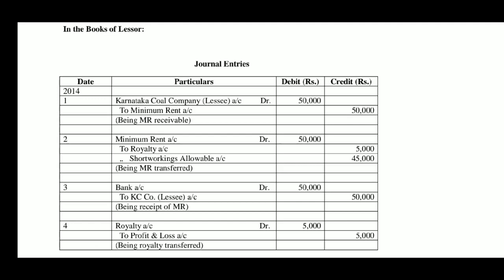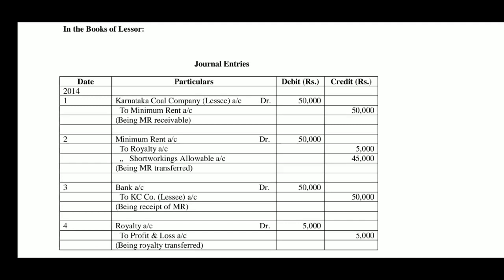Here, short workings account is called short workings allowable account because lessor will allow the lessee the short workings to be recouped during the period of recoupment. Therefore, short workings allowable account is credited here. Minimum rent account debtor 50,000 rupees to royalty account, that is to the extent of royalty 5,000 is credited and short workings 45,000 is credited to short workings allowable account being minimum rent transferred. Now, payment is received.